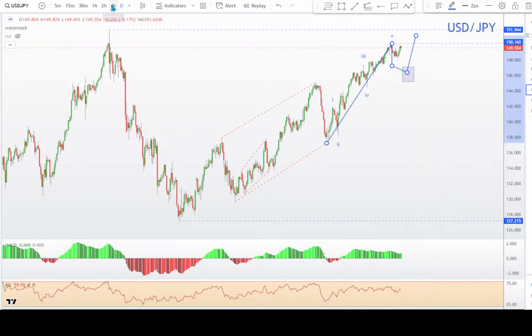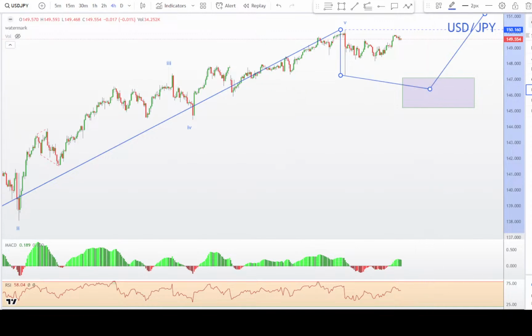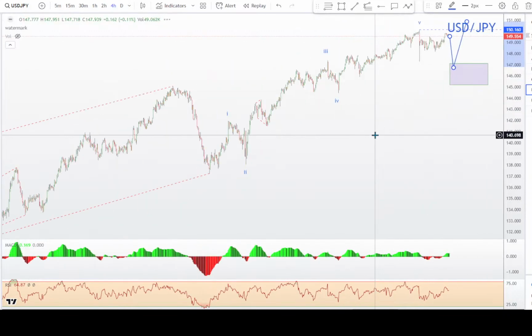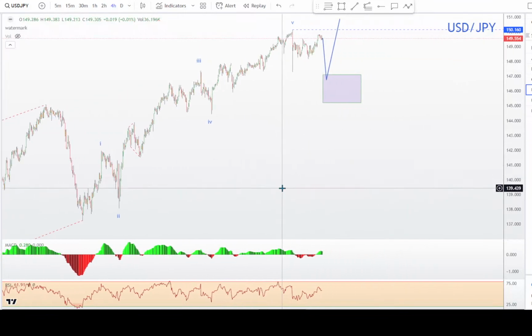Now I want to see, it'd be nice if it came down into this zone and then went back out, because then I feel like I know what's going on. That they're going to create that big running flat, and then the dollar yen is really going to be going up.